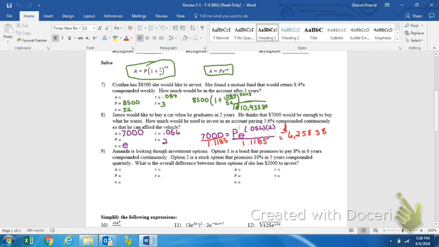And that's the amount he would need. If you don't round it, that ends up being 31 cents. But either way, it's close enough. So the principal, the amount he's going to start with, is $6,258.38.